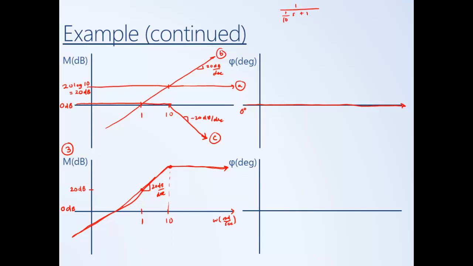And think about what the phase plot of a differentiator looks like, component B. The phase plot of a differentiator is also a straight line, but it's at positive 90 degrees. And then finally, think about what the phase plot of a simple pole looks like.